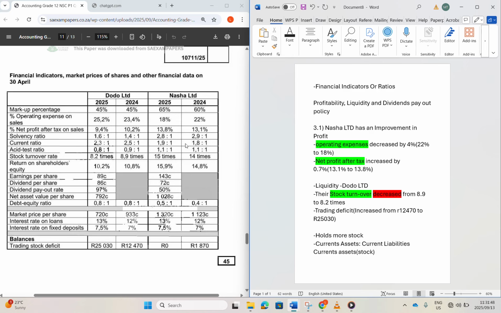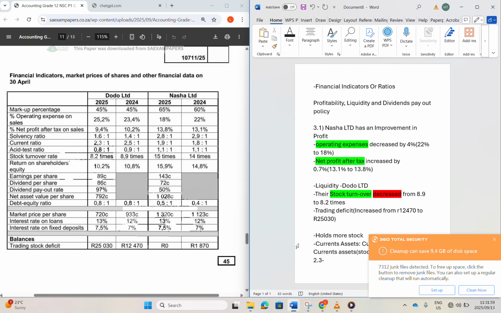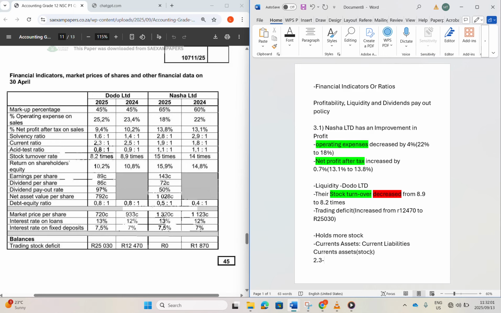If you find the difference, 2,3 minus 1,9, you get something like 0,4.